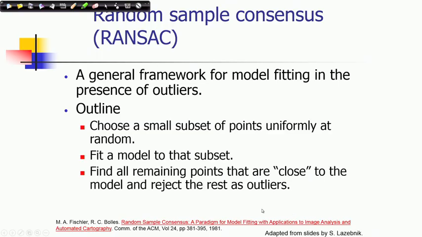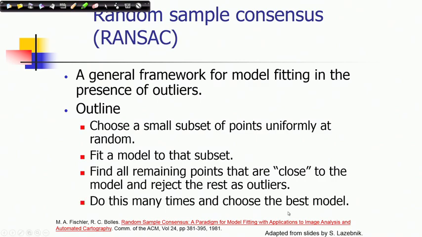Then find all remaining points that are close to the model and reject the rest as outliers, and do this many times and choose the best model. This is the general line of approach we will be discussing with respect to a straight line.